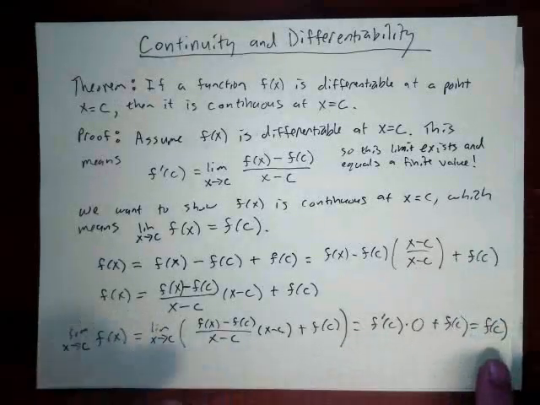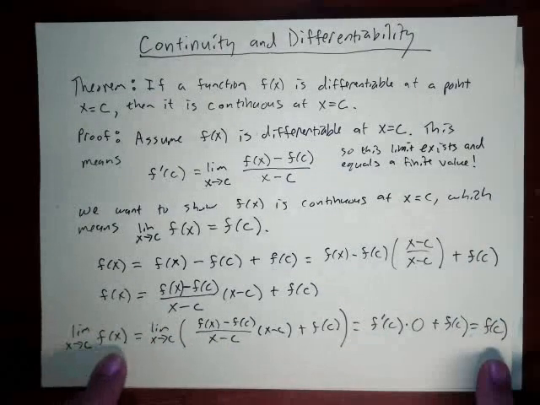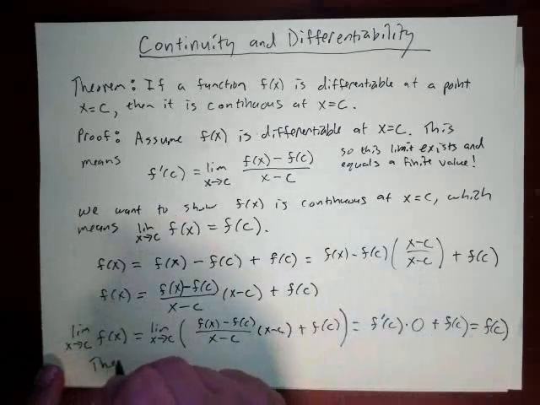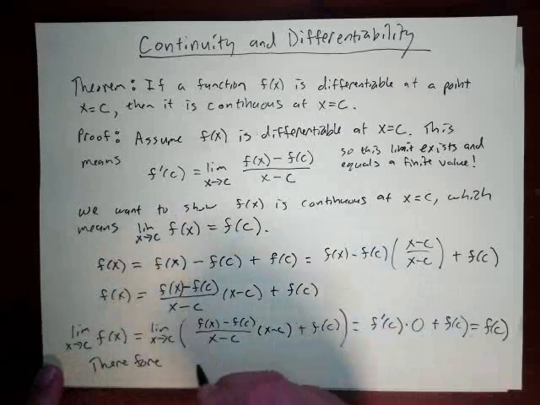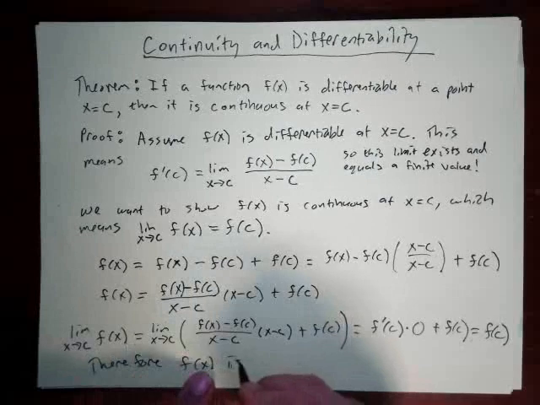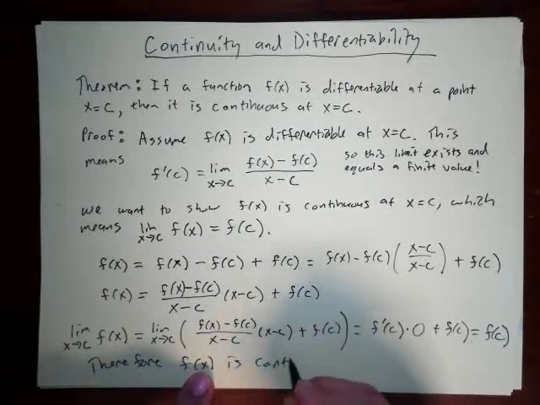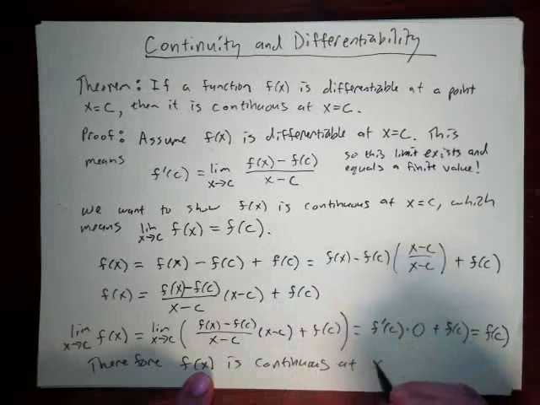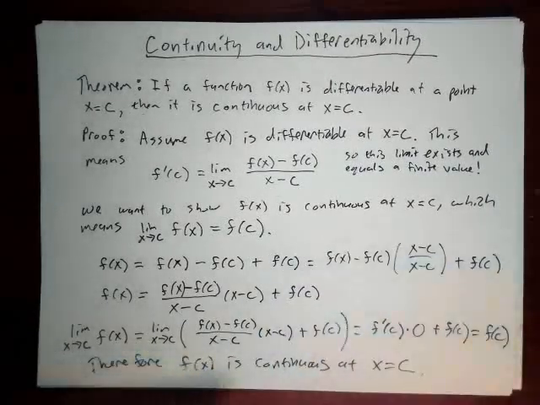And so what I've just shown is that the limit as x approaches c of f of x is equal to f of c. Therefore, f of x is continuous at x equals c.